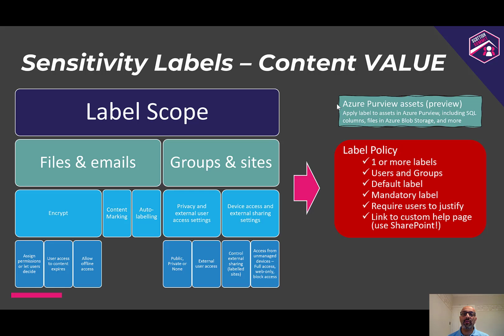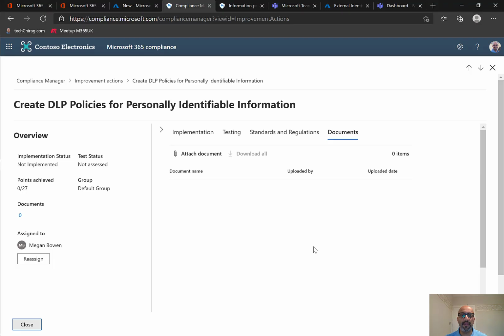So you have a way to then publish that label to specific areas of the Teams and SharePoint workloads, and then manage further through external sharing or guest access, whether any particular item can be shared or not. So let's take a look at that.